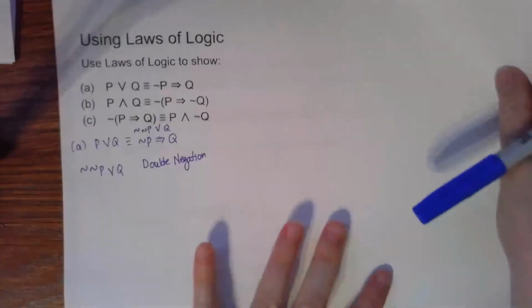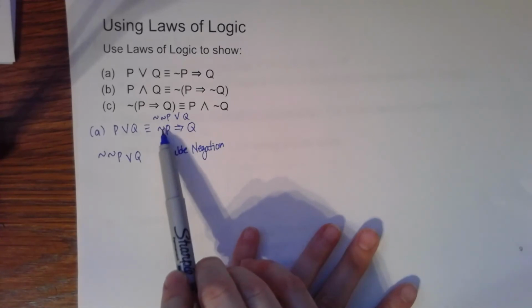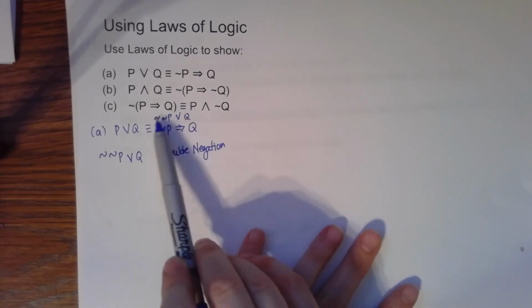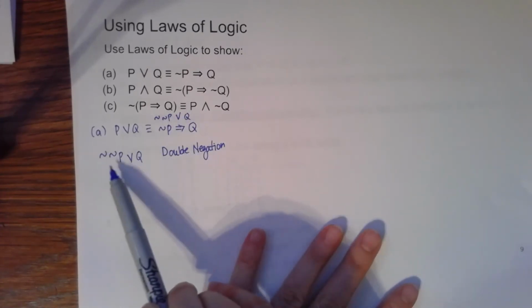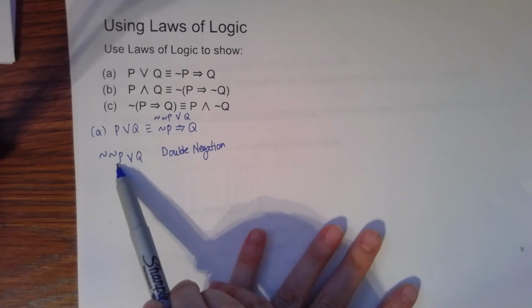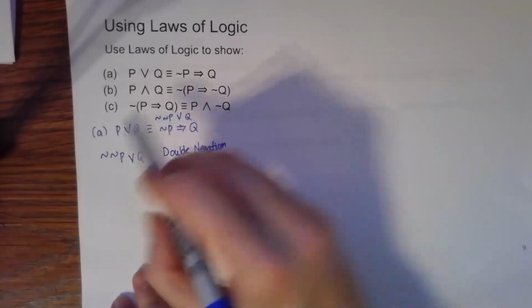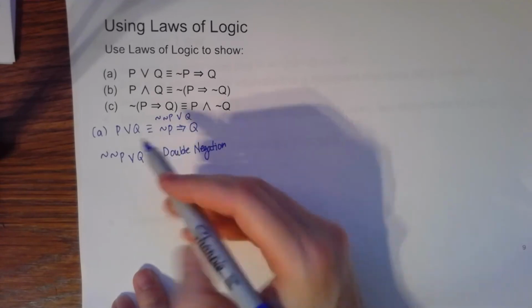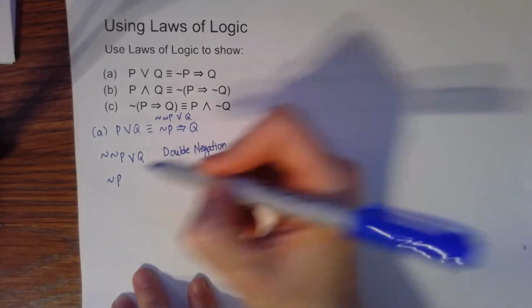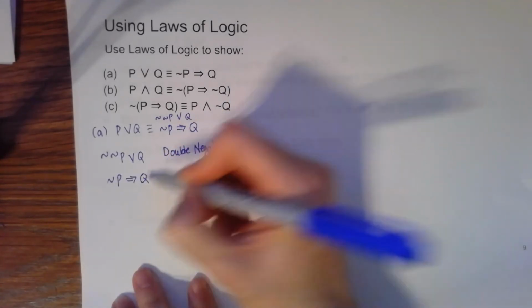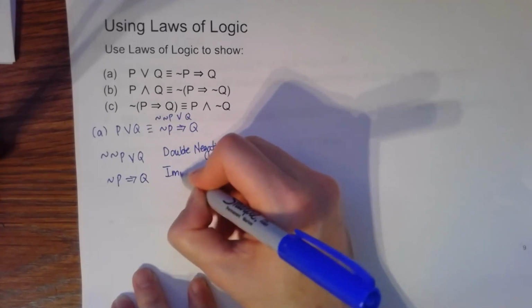If I were to apply the implication law to this, it would turn into this. Well, that's exactly what I have here, right? And so this right here is logically equivalent to not P implies Q using the implication law.